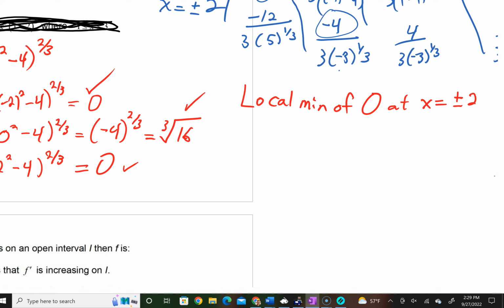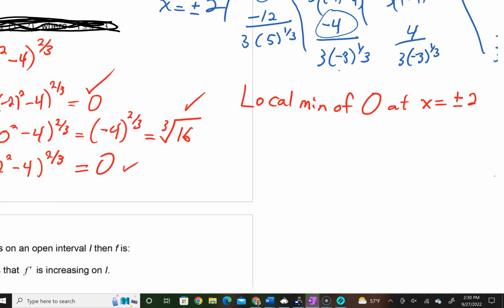So the template is talk about what kind of an extrema you have. Say it's either a local max or a local min, but name the y value. That's so important. When I talk about minimum values or maximum values, those are y values.